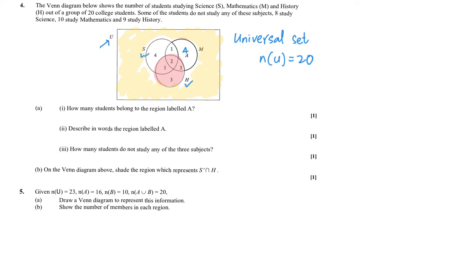Alright, so the question said how many students belong to the region labelled A. We already get it, which is 4. How do we get that? If you want to do the working, it should be the total n minus 1 plus 2 plus 3. That makes 4. And describe in words the region labelled A. A means the number of students that only study maths, because the others study with either science or history.